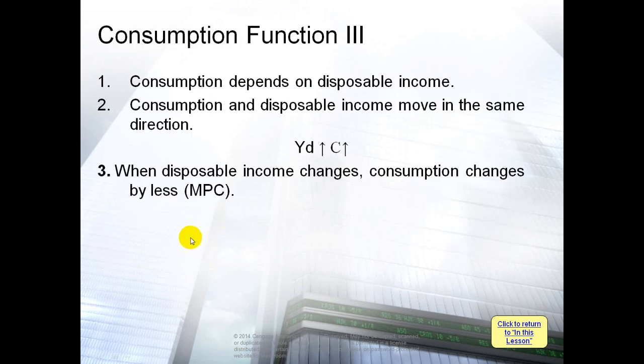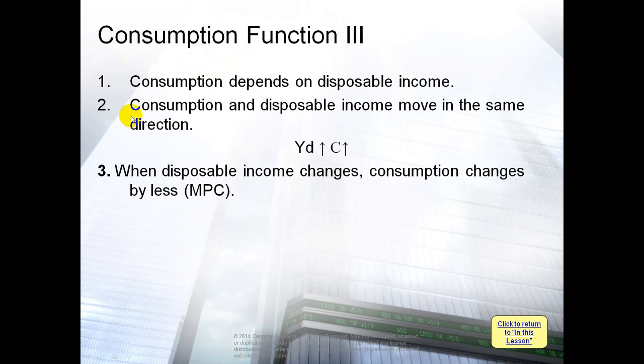Keynes made these points on the consumption function. These are facts about this function. First, consumption depends on disposable income. What does depends mean? Total consumption depends on disposable income, because when disposable income increases, consumption increases too, and when it falls, consumption falls too.